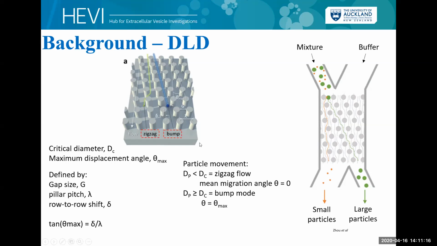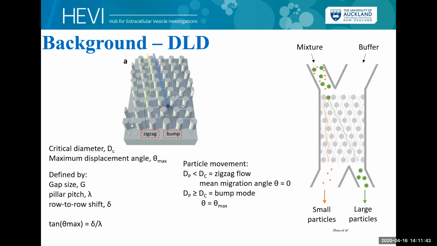And so once you have your pillar geometry defined, the particles move basically in one of two ways. If you take nothing else from this slide, just remember zigzag and bump. I've outlined them in red here. The smaller particles, if the pillars are designed correctly, will go through in the zigzag manner, and the larger particles will go through in a bumping manner where they go off at this critical angle.